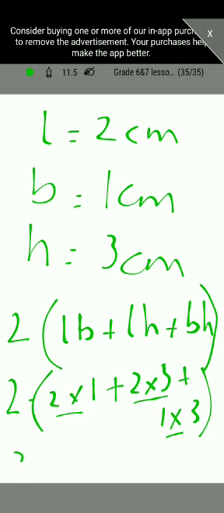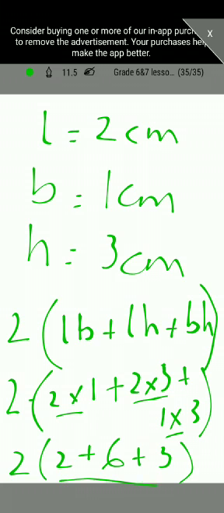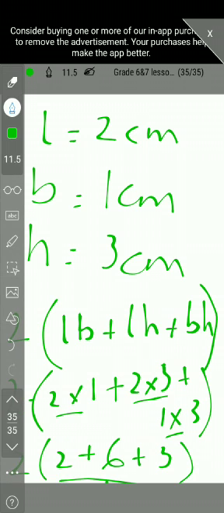You will get 2 ones are 2, plus 2 threes are 6, plus 1 three is 3. Now you add up all of these. 2 plus 6 is 8, 8 plus 3 is 11, and then multiply by 2. So you will get the surface area 22 centimeter square for that cuboid.